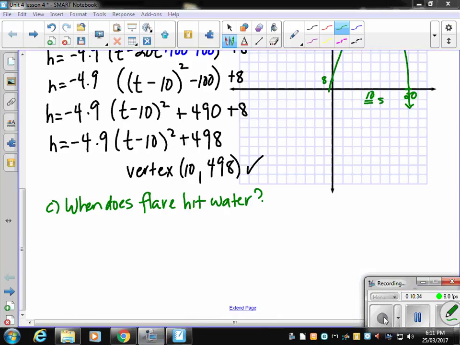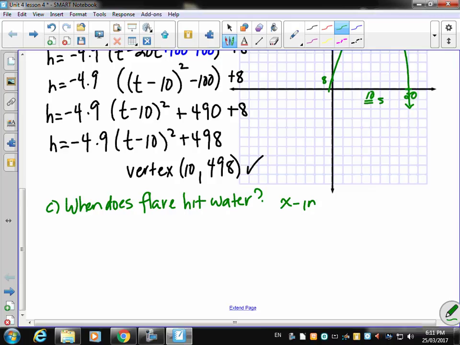Okay. When does the flare hit the water? According to the graphing calculator, it was 20 and a bit seconds later. So how would we figure that out? If this equation isn't nicely factorable, if I have it in vertex form and standard form, but not nicely in factored form, then I am trying to find x-intercepts by using other strategies. Last day we looked at the quadratic formula.